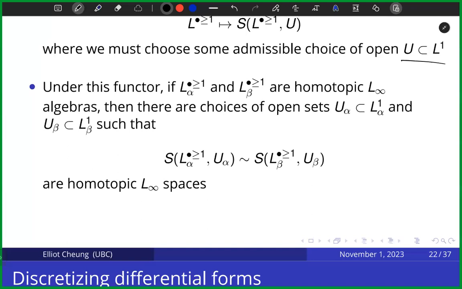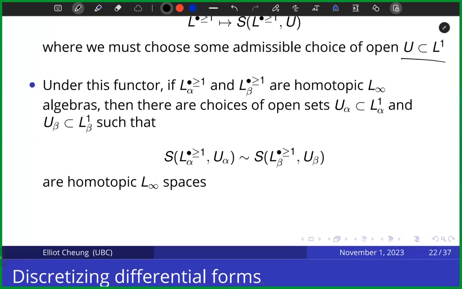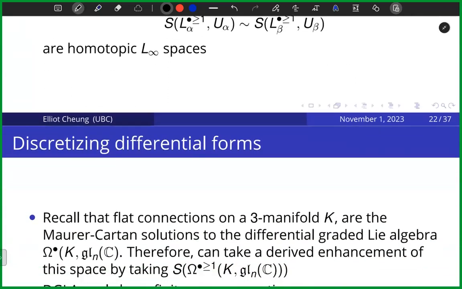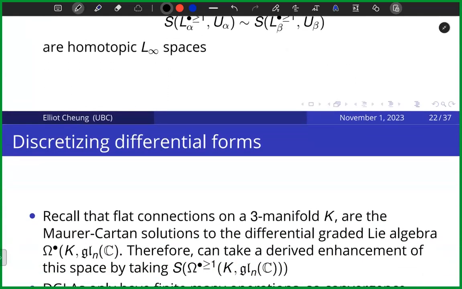That's kind of the framework that we work with, and now I'll explain how this is related to the Chern-Simons theory context. Let's go back to Chern-Simons theory. And recall that on a 3-manifold, these Maurer-Cartan flat connections correspond to Maurer-Cartan solutions to this differential graded Lie algebra, which is matrix differential forms. And this is a differential graded Lie algebra.